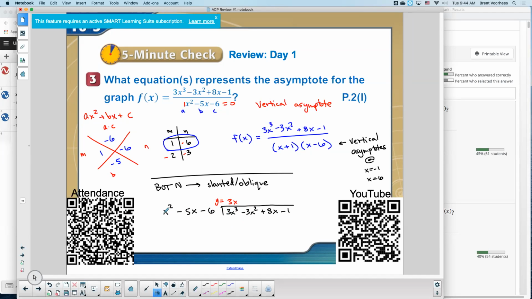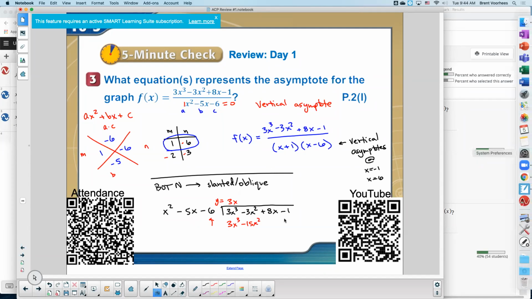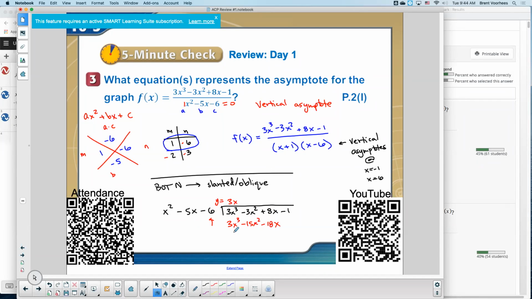And so when I multiply everything here by 3x, I'd have here 3x cubed. And then I multiply this one by 3x, negative 15x squared. And then finally I multiply this one by negative 3x, which is negative 18x. The fundamental rule of division, do y'all remember it?